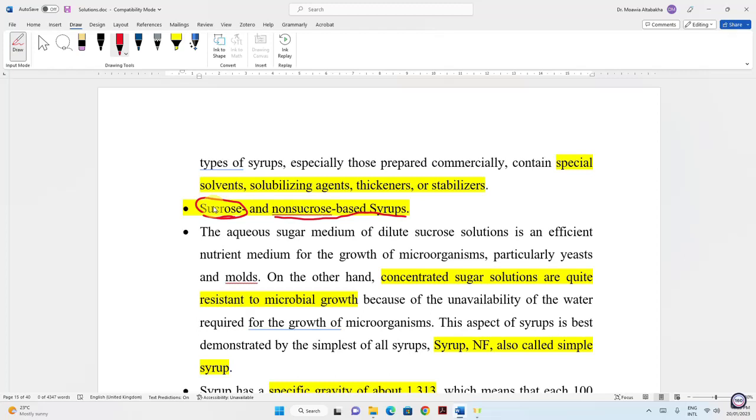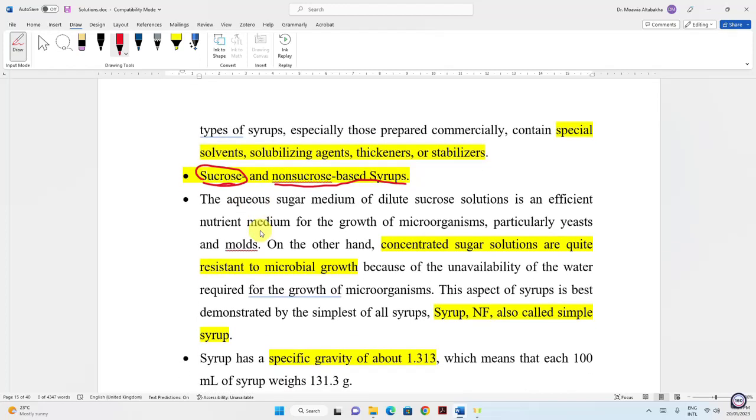You know that syrup contains a large proportion of sugar. طيب, one important thing I already talked about اللي هو simple syrup أو syrup national formulary. I talked about this. Now this one has high concentration of sugar.